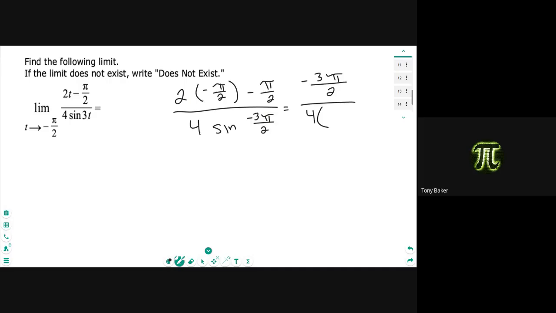Why is it 1? So yeah, negative 3π/2 is basically the same as π/2, which is 1. So I've got negative 3π/8. That's my final answer.